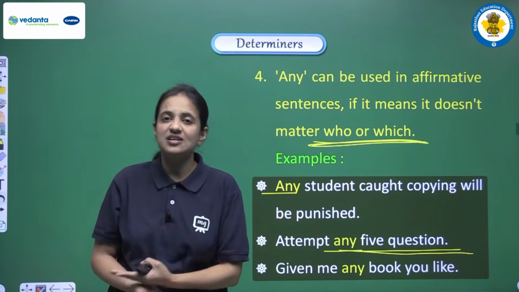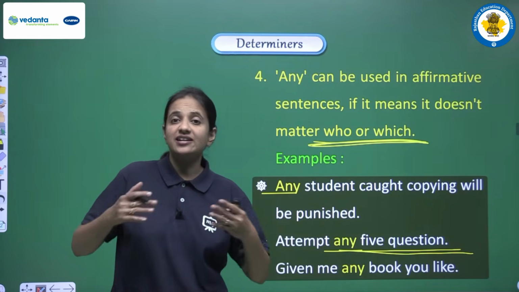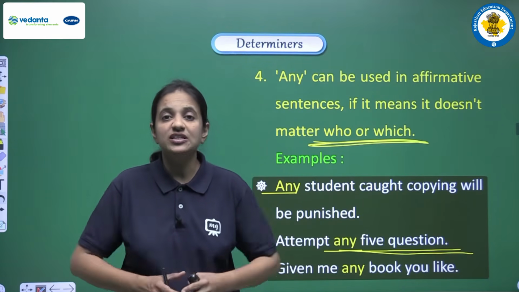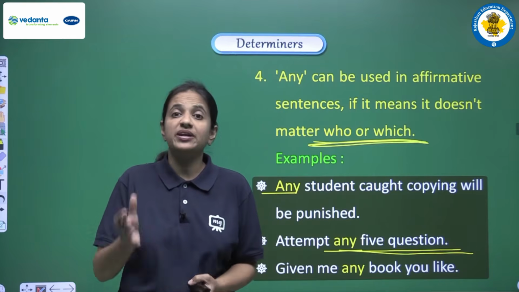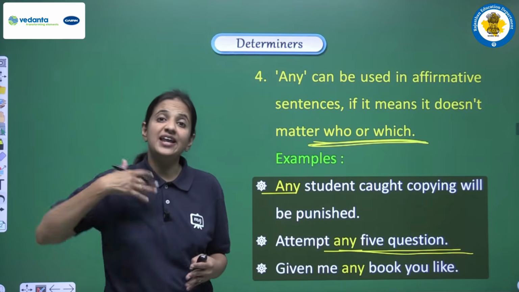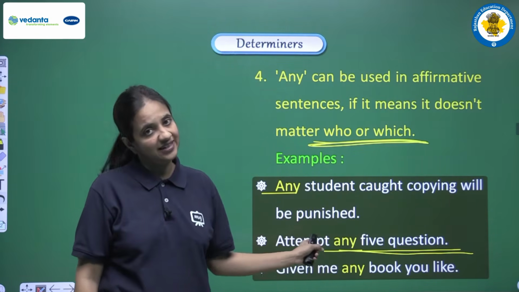We are having total, suppose, 10 questions. So this is the instruction for all of you that attempt any 5. So again here in this sentence we are talking about one general thing. We are not saying that particularly these 5, right? So we are trying to say that attempt any 5. So this is the reason we are using any here in the sentence.